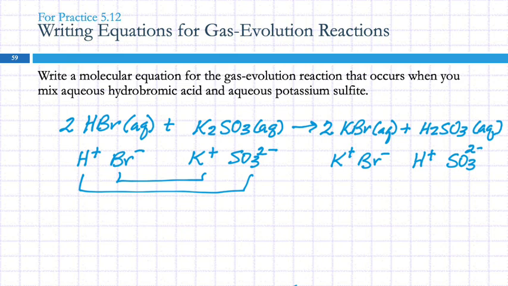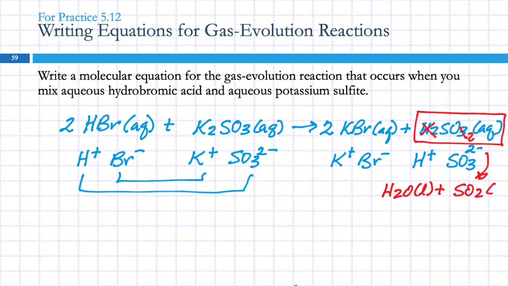This is a gas evolution reaction. Well, KBr is not going to form a gas, but this guy is. So what's going to happen is this is going to decompose and form water, and get rid of those 2 H's, get rid of one of the O's. SO2 is the gas.